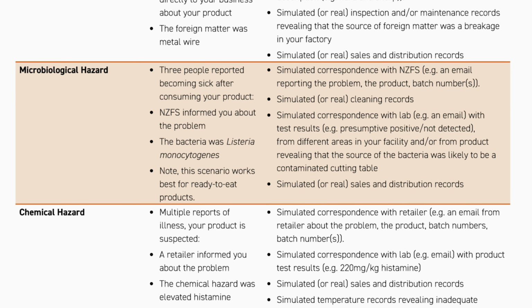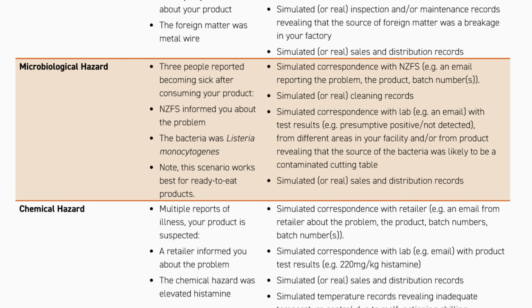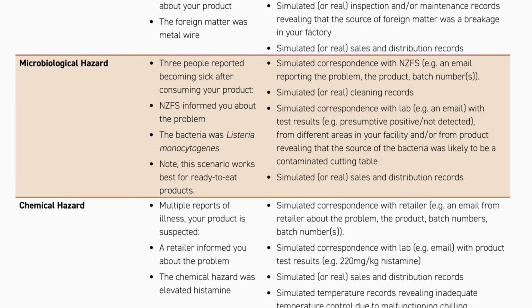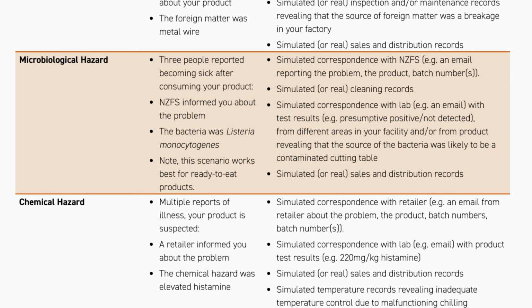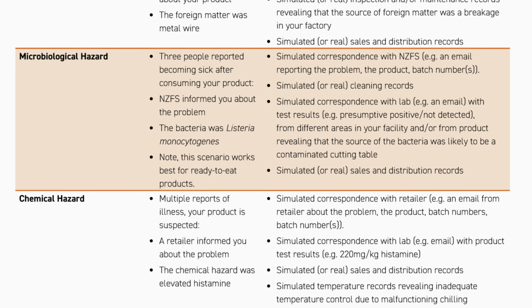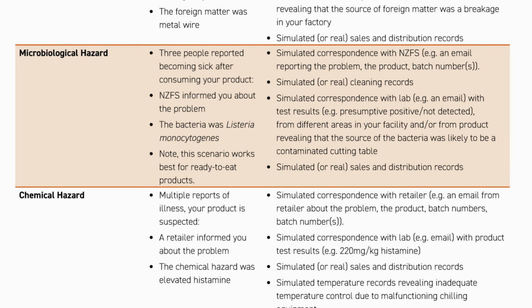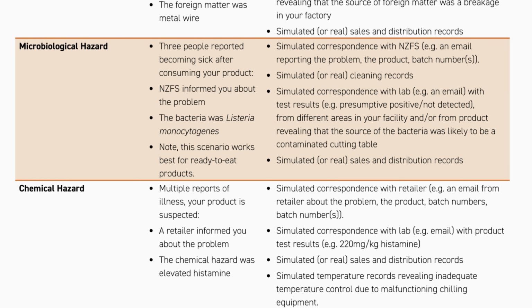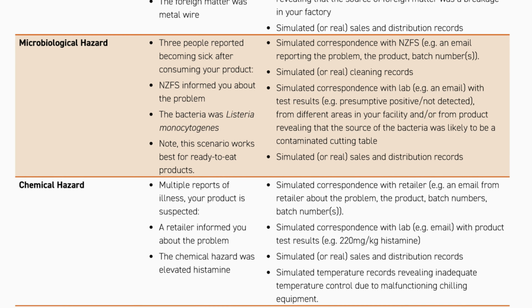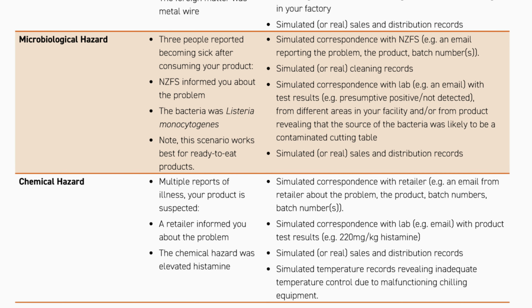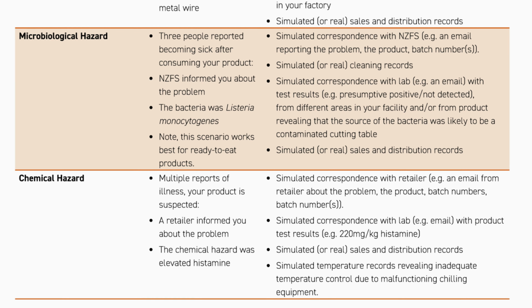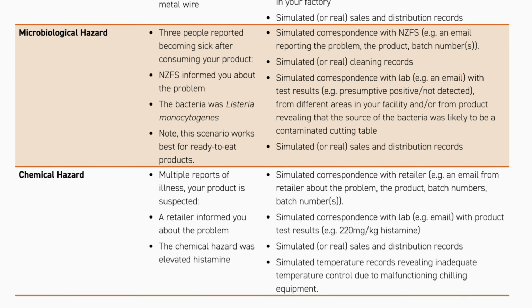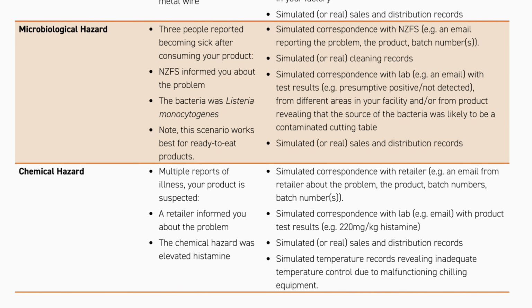Problem: chemical hazard. Backstory: multiple reports of illness. Your product is suspected. A retailer informed you about the problem. The chemical hazard was elevated histamine. Ideas for supporting information. Simulated correspondence with retailer, such as an email from the retailer about the problem, the product, batch numbers.